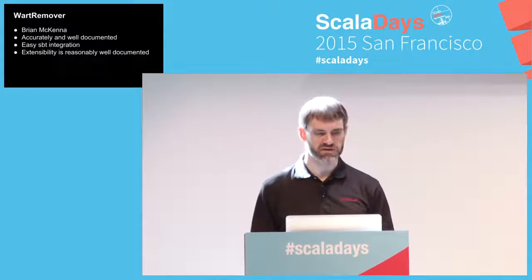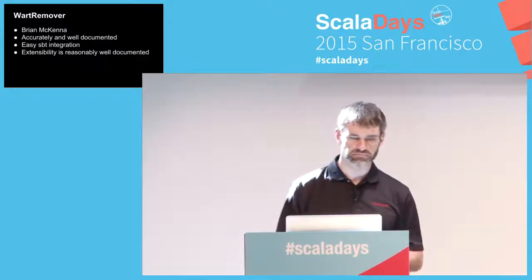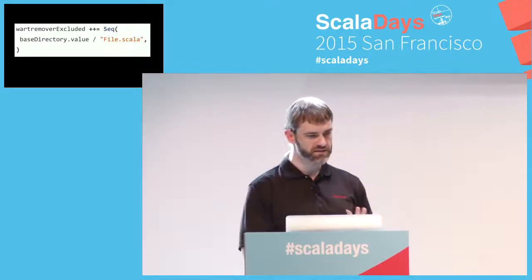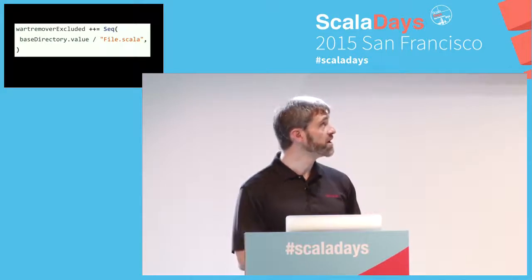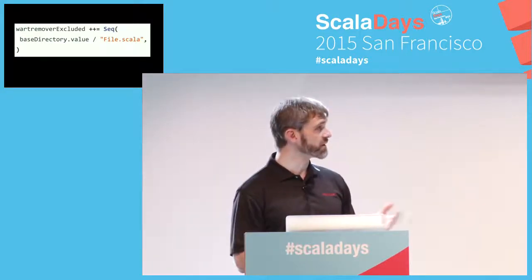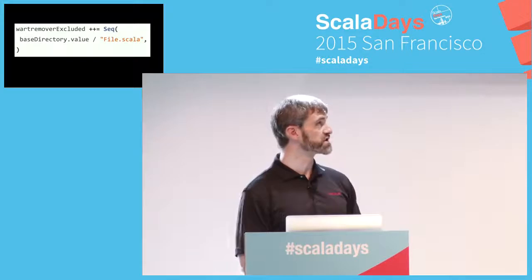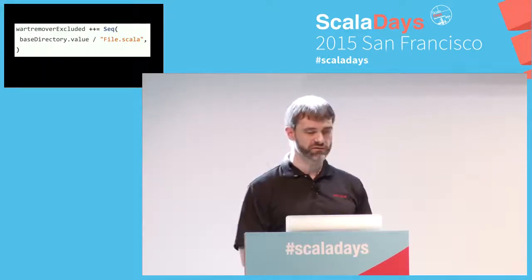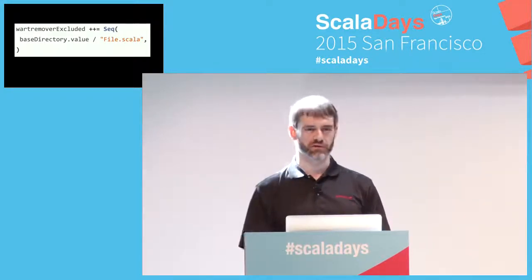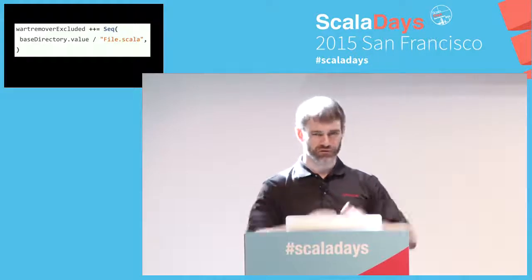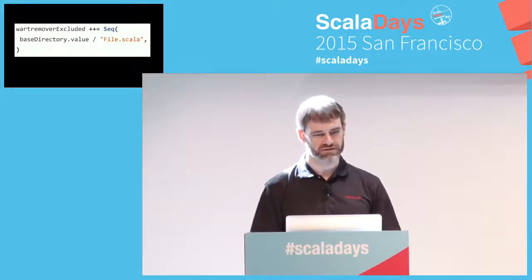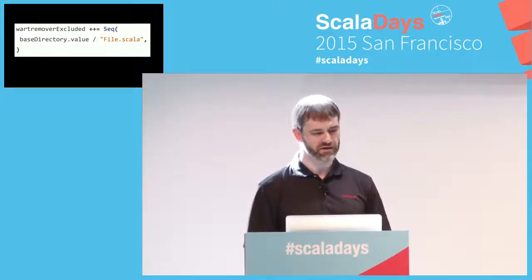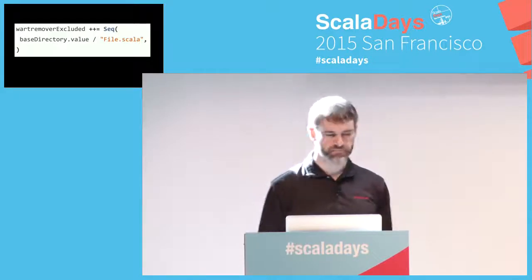It was fairly easy to do and reasonably well documented. It has suppression built in. One thing I don't particularly like about Wart Remover is that the suppression is done at a file level. So either you believe in everything that you've asked Wart Remover to do for the whole file, or you get no analysis. And I'd prefer finer grained than that, but this is how you do it.